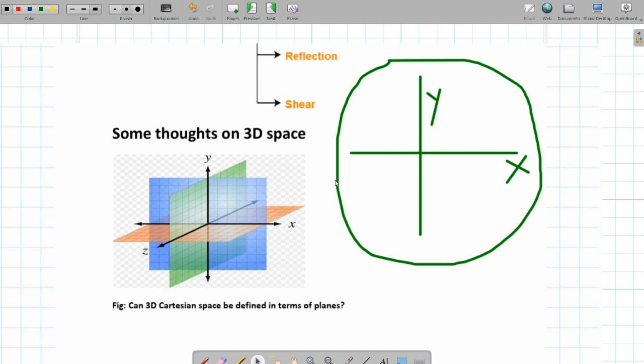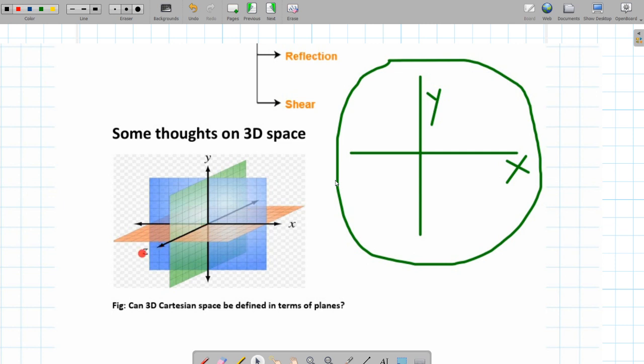Now have a look at this brown rectangle. This brown rectangle is defined in terms of the x-axis and z-axis. This is the horizontal plane or floor on which you are standing. Now just try to figure out the direction of the z-axis.